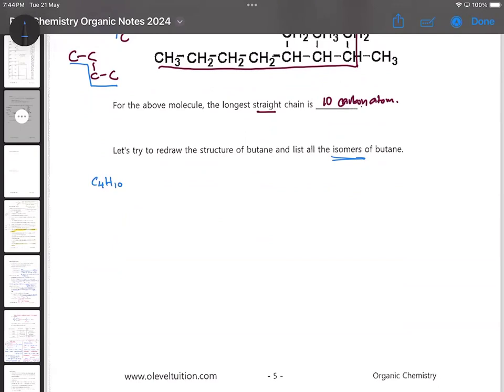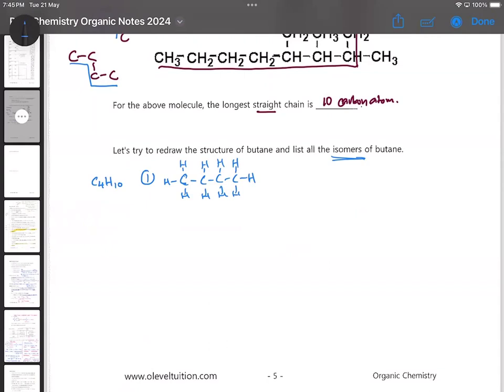If you want to draw all the different isomers, the most basic isomer that we will draw is the one that is visually horizontal. So this is our first structure.